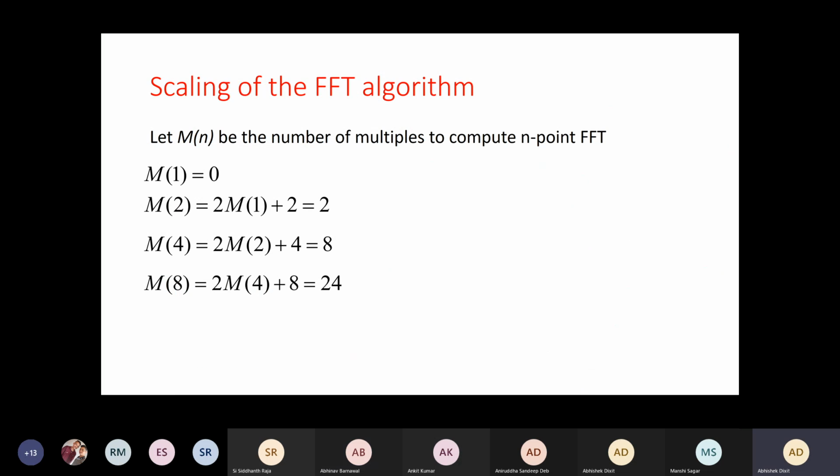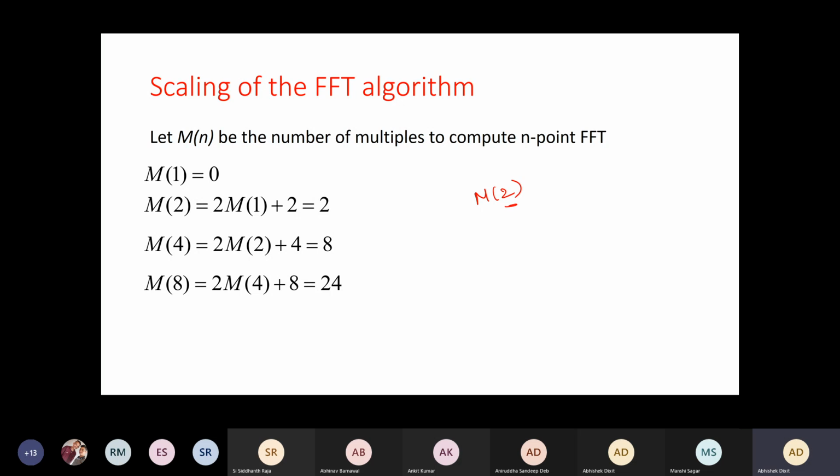Now let us look at the total savings. It doesn't seem like a good saving, reducing the number of multiplications from 16 to 12. But let us see the total number of multiplication steps in computing n-point FFT. We are just focusing on multiplication. Suppose I have to calculate M2, the 2-point FFT.